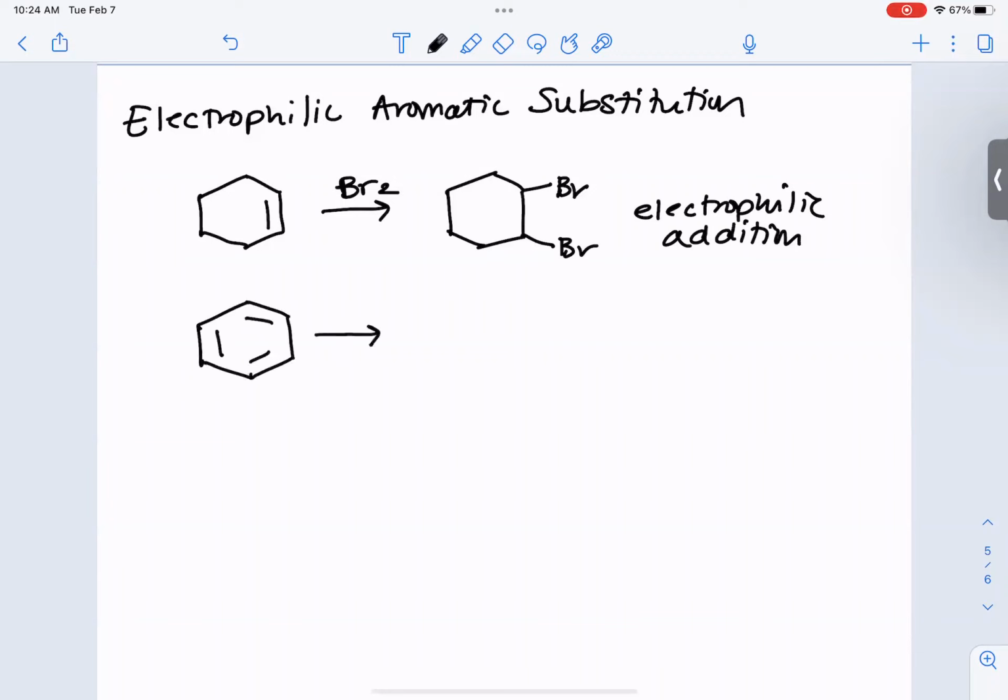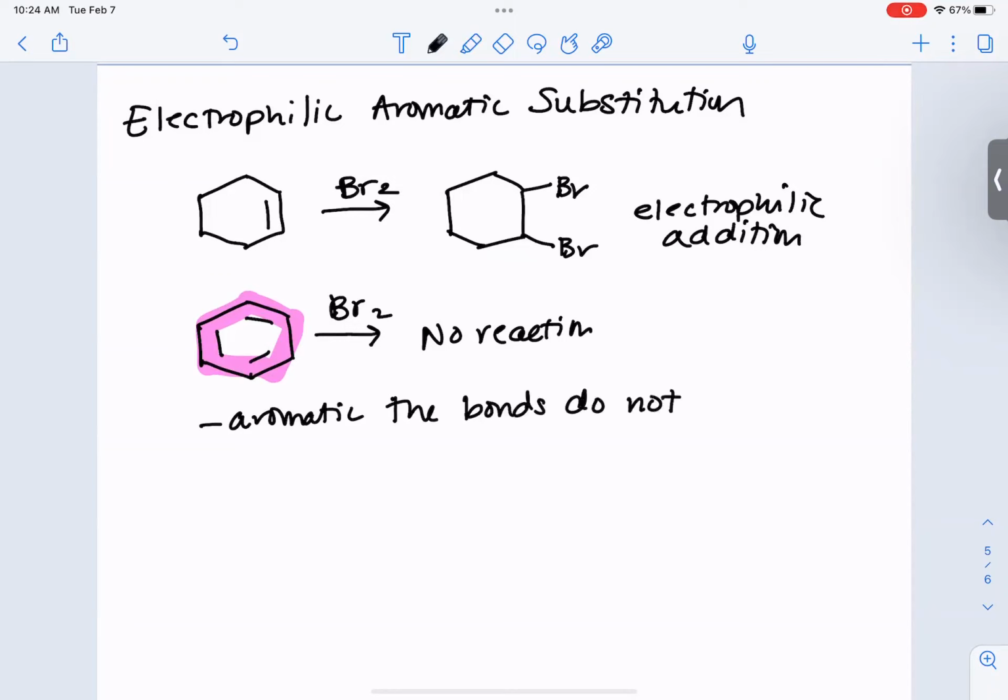These do not react as individual double bonds, because you have this aromatic ring. The bonds do not react like isolated pi bonds, or even conjugated pi bonds. We did electrophilic addition to a diene, right?